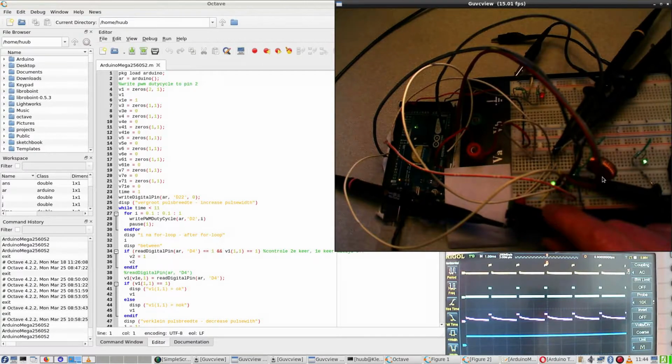Now you can see that the voltage on the fourth probe, this one, which is getting its voltage back from the circuit, is no longer influenced by the pulse width modulation.